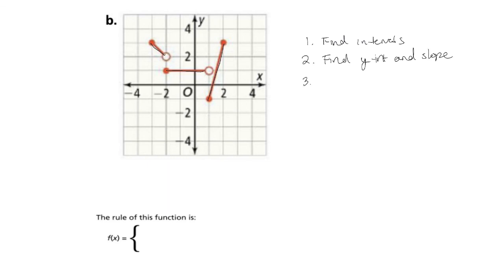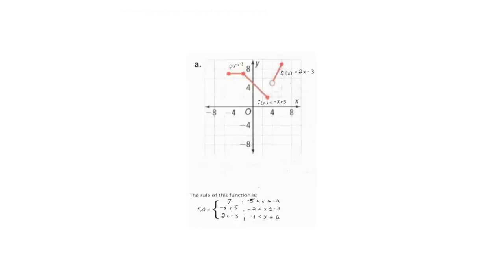And then you want to find what f of x is equal to. And the last thing you want to do is write the rule. Okay, so pause this now, try these 2 problems, and then I'm going to go over the solutions.